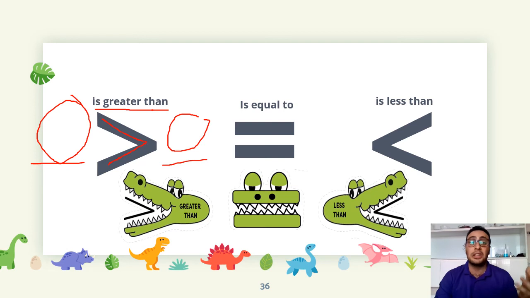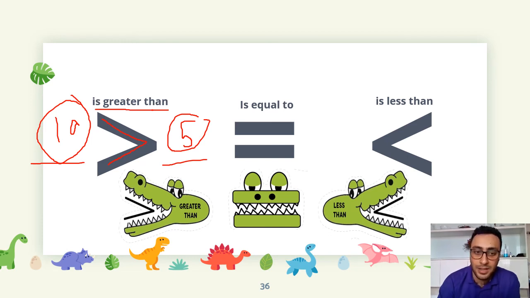Okay, let's say 10 is bigger than 5, right? Now, the next sign is equal to. If we have 5 here, what should it be on the other side of the equal sign? It should be 5 too, right? Because 5 equals 5. Now, let's find a number for here.